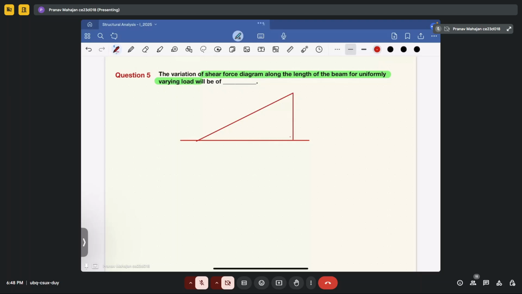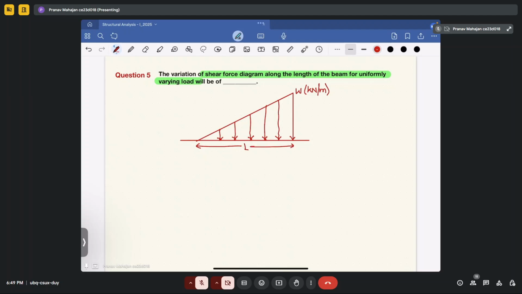So this is how your uniformly varying load looks like. Okay, fine. So let's say in this the maximum load is W kilonewton per meter, and this is your total length L.